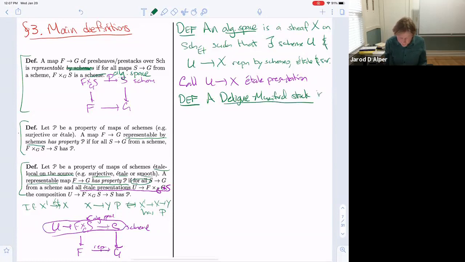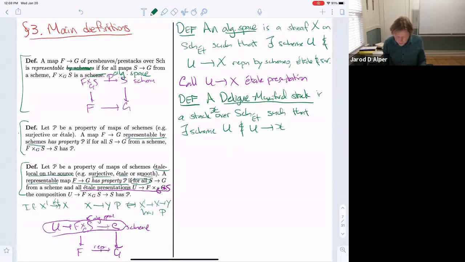It's a stack over the big Étale topology such that there exists a scheme, very similar to the above definition, and a morphism U to X, where X is the stack, which is representable, Étale, and surjective.